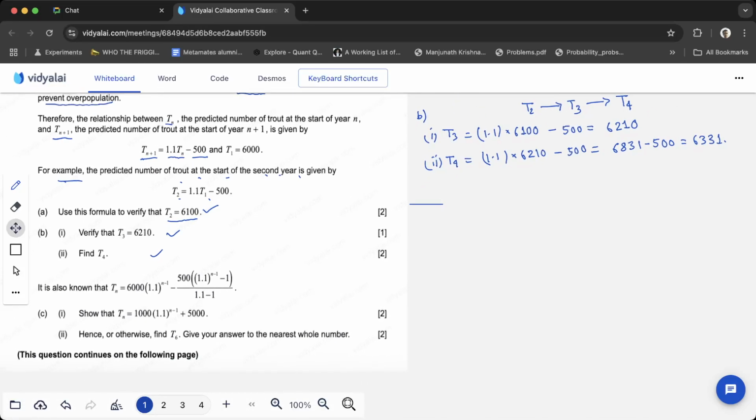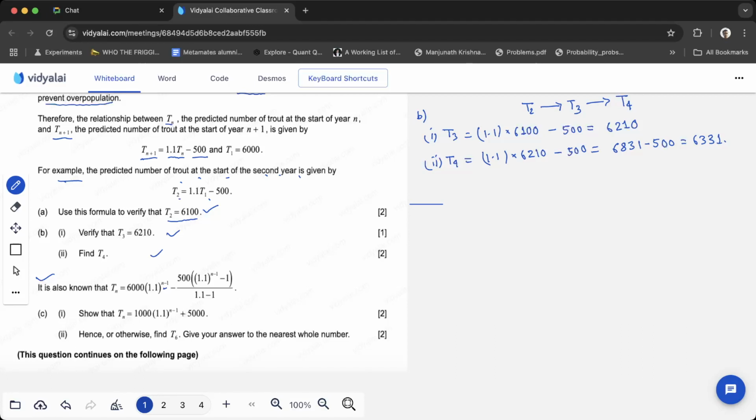Moving on, it says it is also known that Tn = 6000 × 1.1^(n-1) - 500 × ((1.1^(n-1) - 1) / (1.1 - 1)).